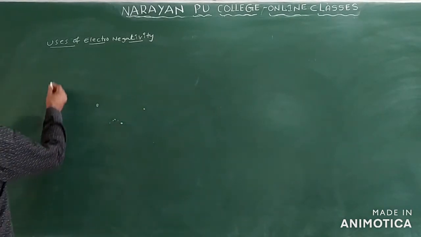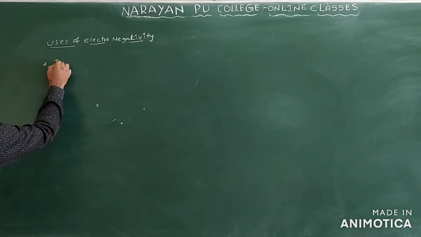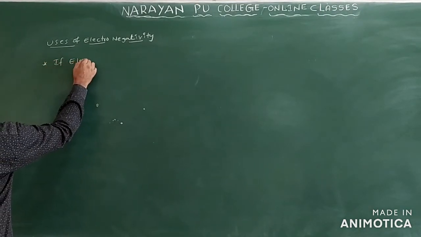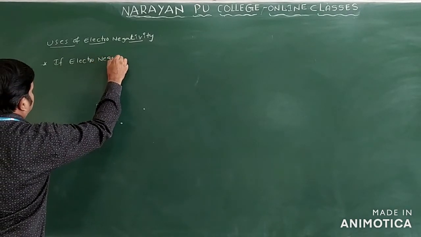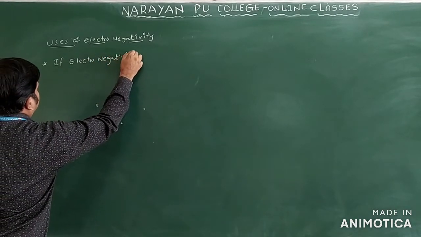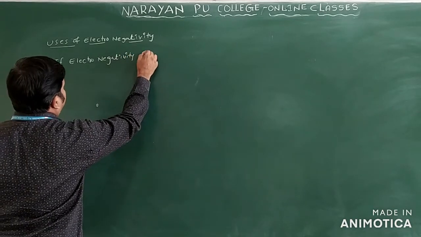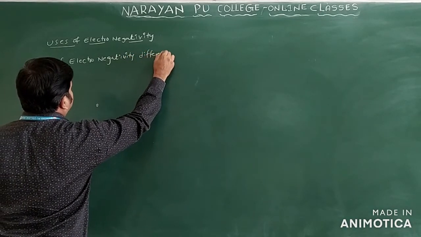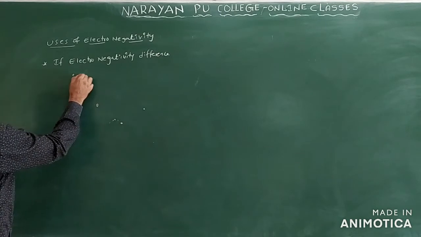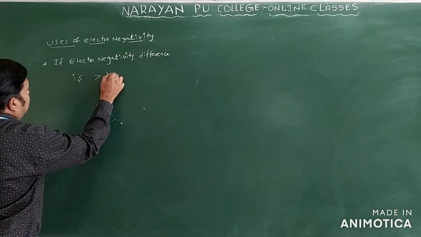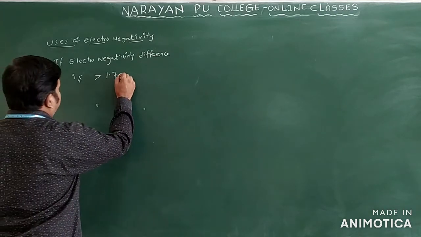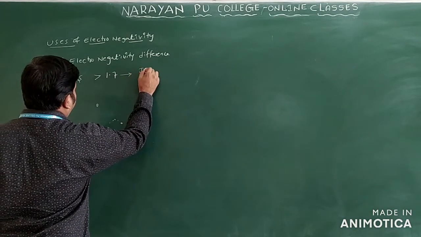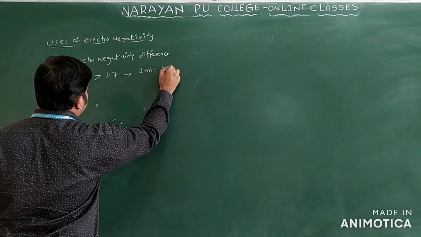If the electronegativity difference between the two elements is greater than 1.7, what bond is formed?